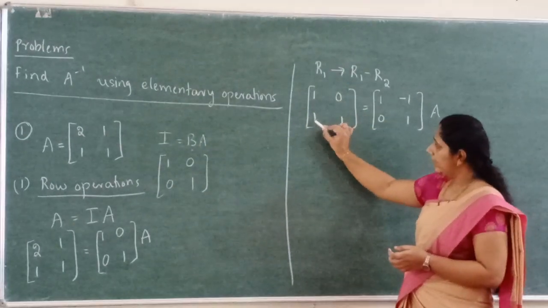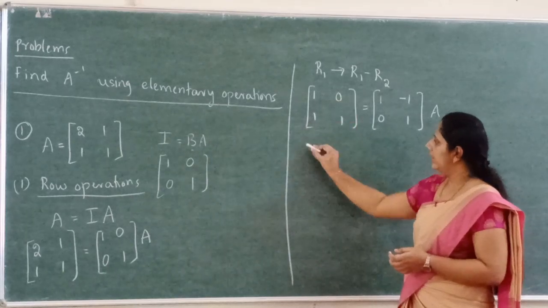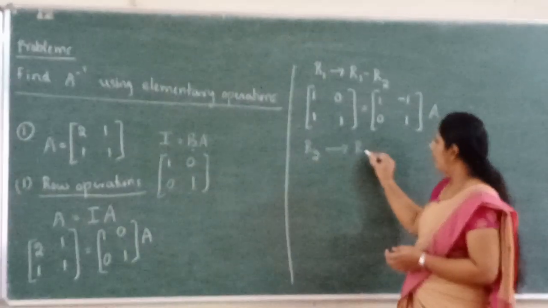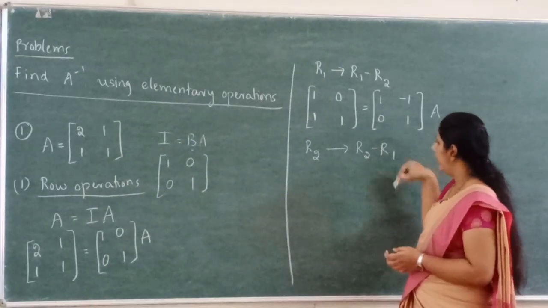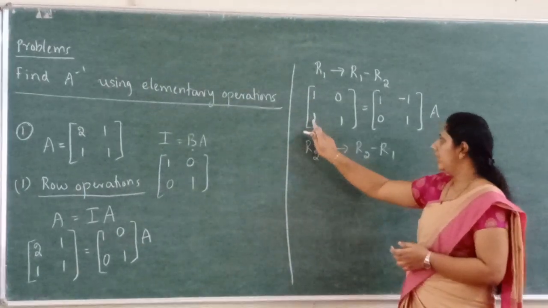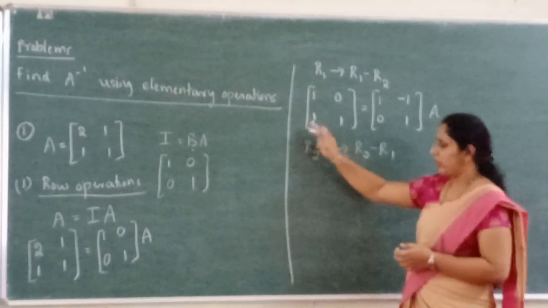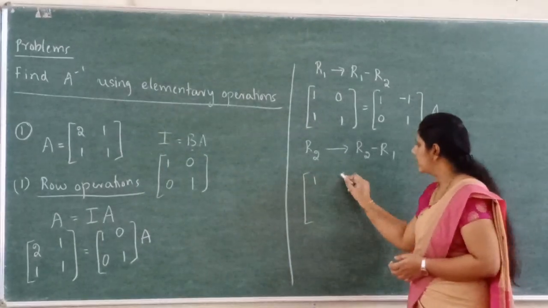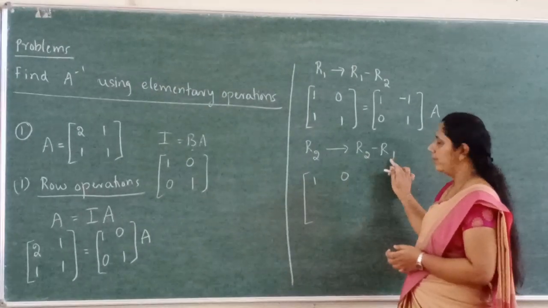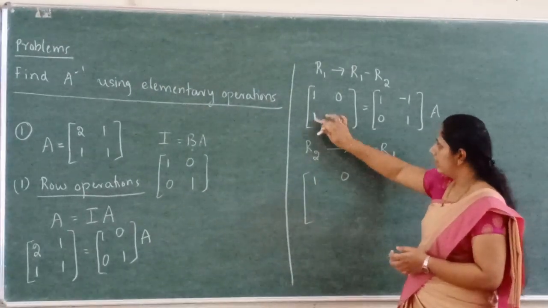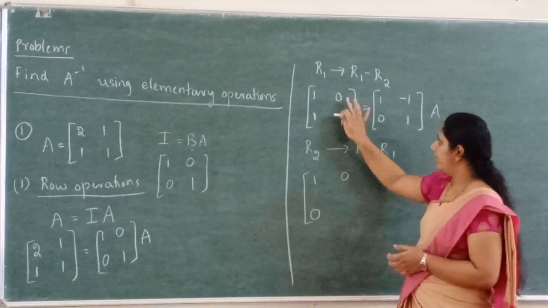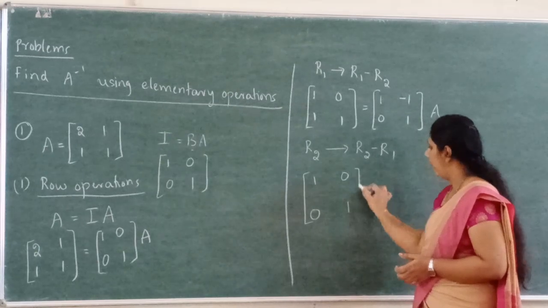So if I subtract R1 from R2, you change the element of R2. If I do the operation R2 minus R1, then 1 minus 1 becomes 0. So first row there is no change. Second row you have to apply this operation, that is R2 minus R1. So 1 minus 1, you will get 0. Now 1 minus 0, 1.